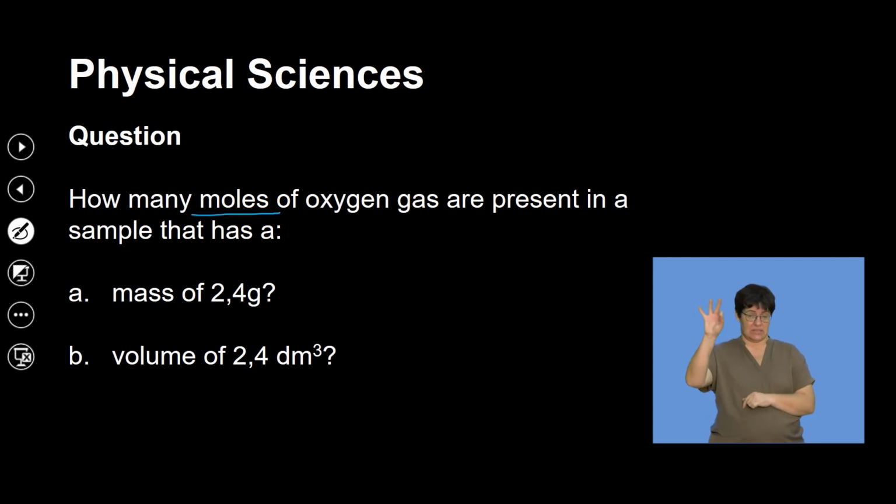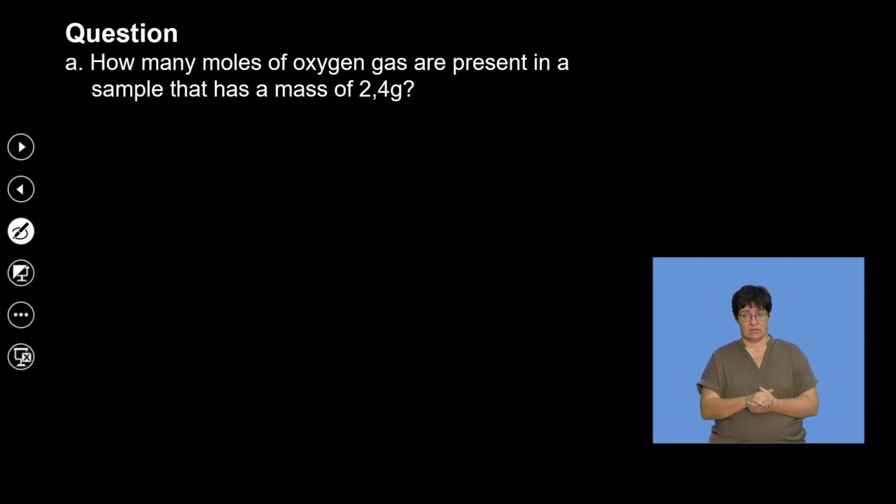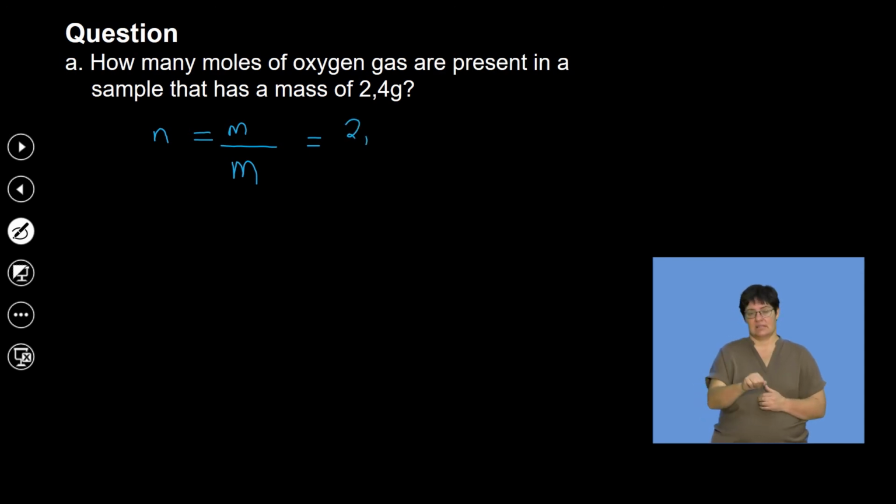So if we are looking for the number of moles, and sometimes we say number of moles, but actually this represents the moles, which is a number after all, it's mass of sample divided by molar mass. Do we have the mass of the sample? Yes, it's 2,4 grams. Even if you don't put the units, we know that N is in moles.